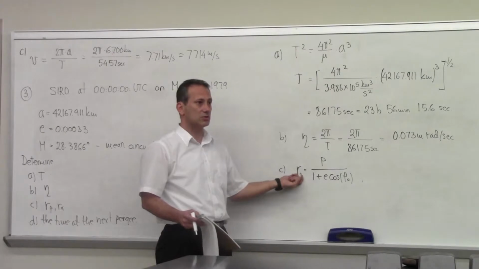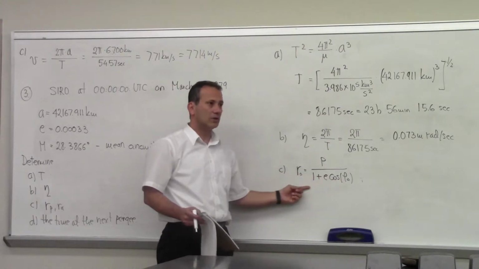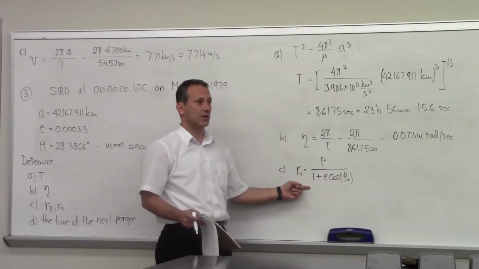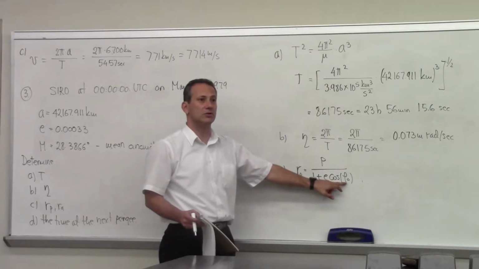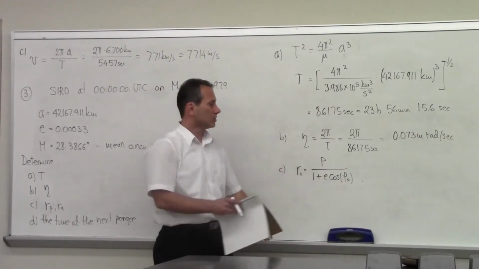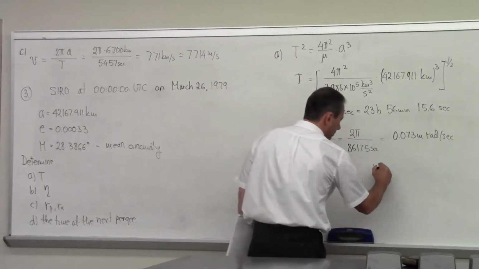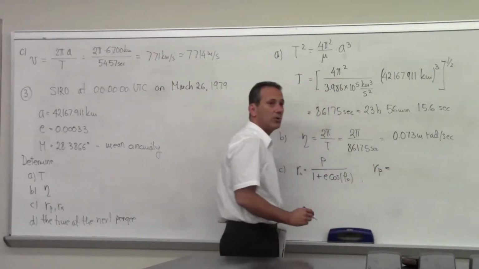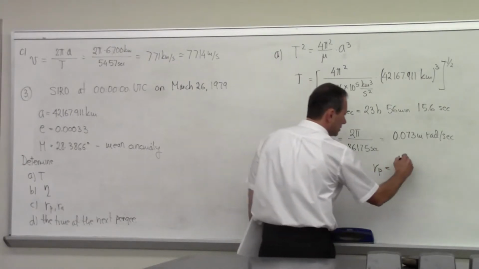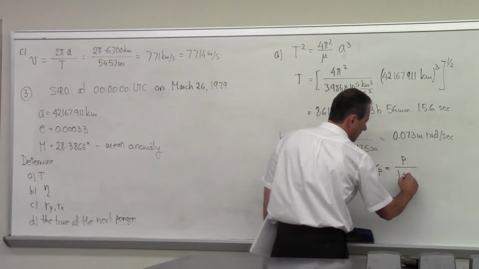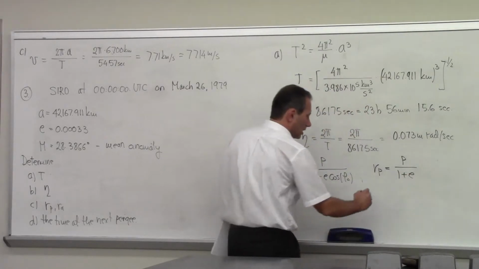Now, this phi can go from 0 to 360 degrees, and the radius is the smallest when what I have downstairs is the largest. When is what I have downstairs the largest? When phi is equal to 0, therefore cosine is 1. So I have that my r perigee, the location of the closest point of the satellite to the Earth, is equal to p over 1 plus eccentricity.